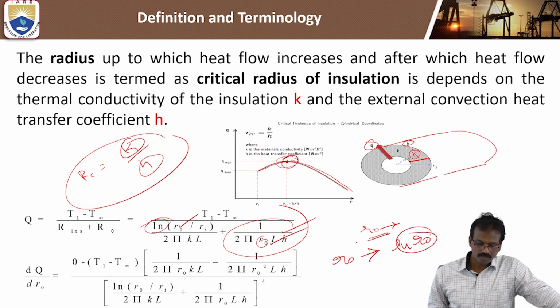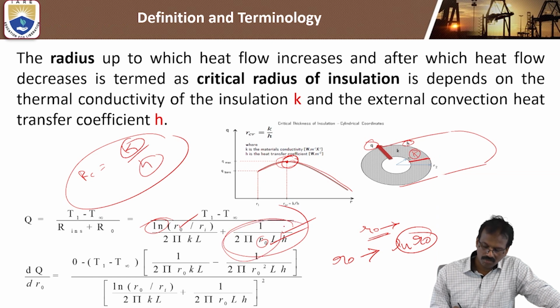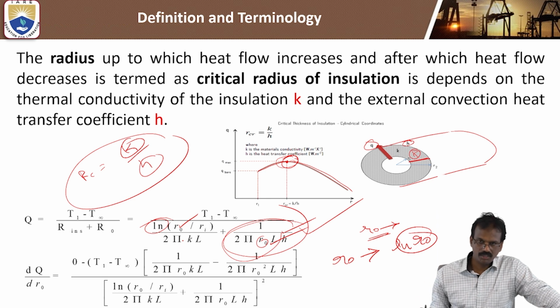It means if you increase the radius of this layer, this convection resistance will be increased more compared to the conduction resistance. This R naught comes in the numerator position.